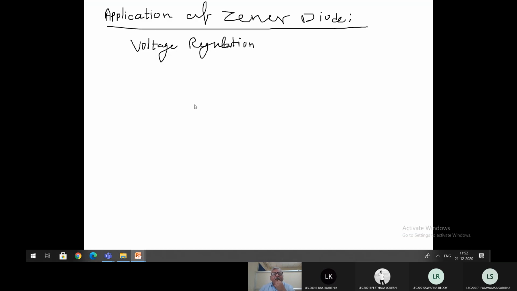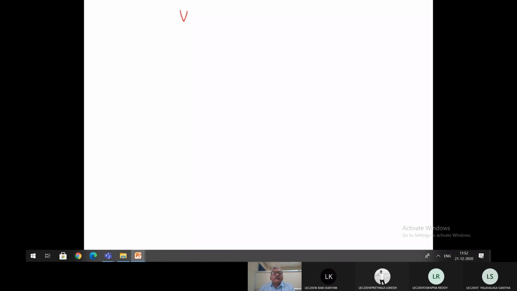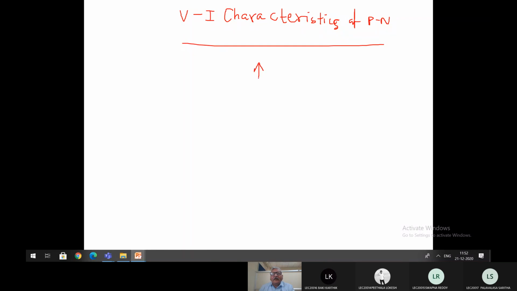Now, if you see the VI characteristic of a PN junction, then you will find it like this.